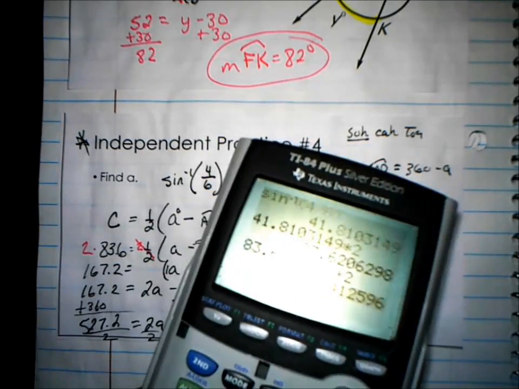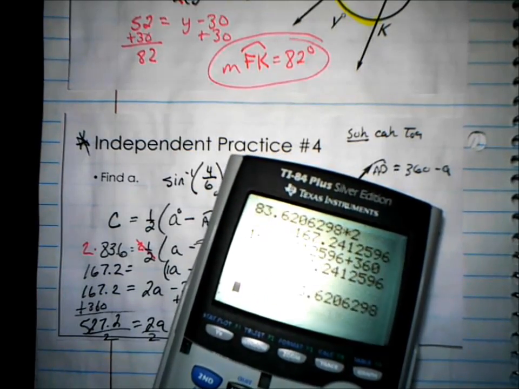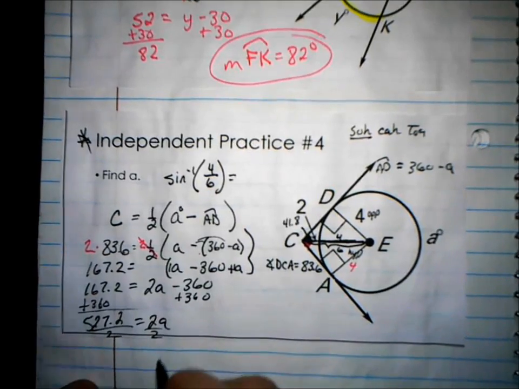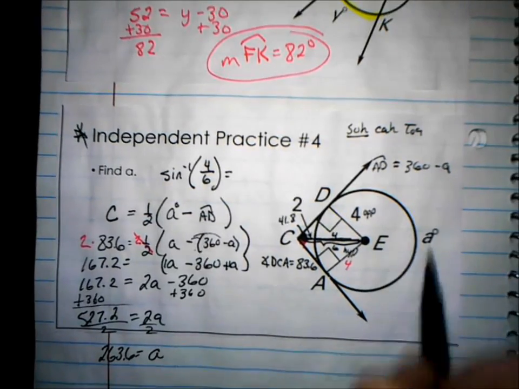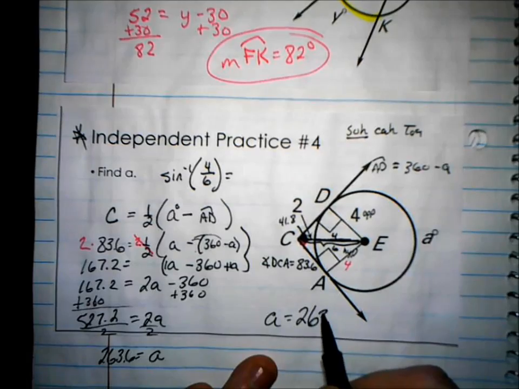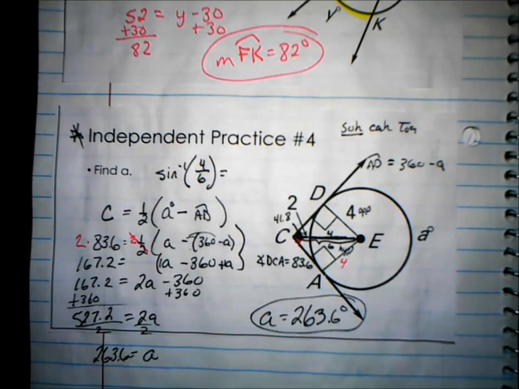Okay, so I have that plus 360 gives me that value. I'm going to divide it by 2, and it gives me 263.6. So over here, this A, let me write this where you can see it better, 263.6 degrees represents that value.